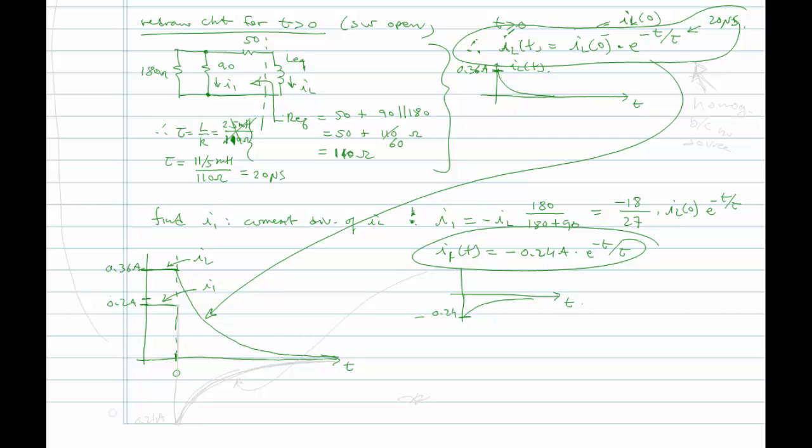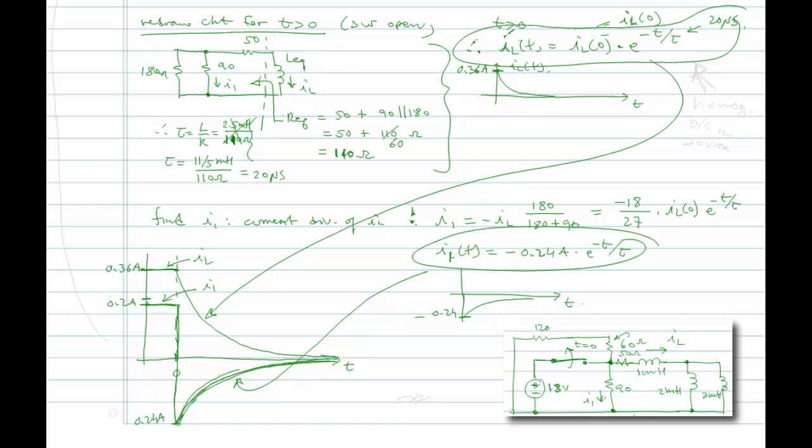And so you have this discontinuity, where the current jumps from being at 0.2 amps to going down to minus 0.24 amps. And now it's going to exponentially decay back up to 0. So I1 looks like this. This might be very surprising to you. We'll go back to the circuit and see if we can understand why.